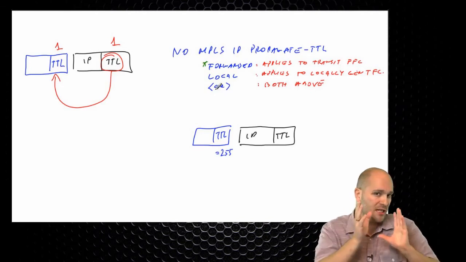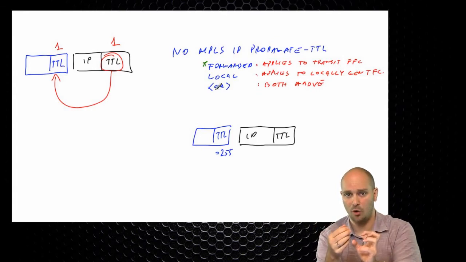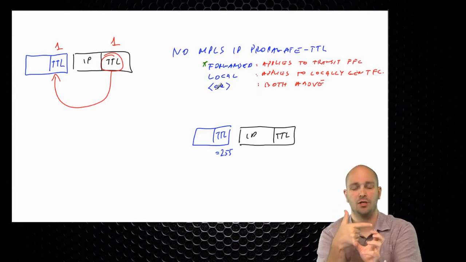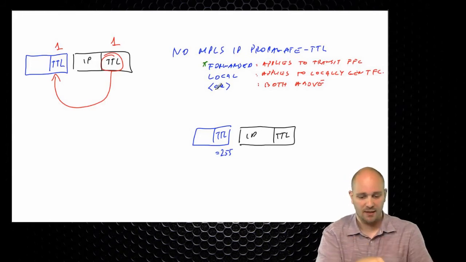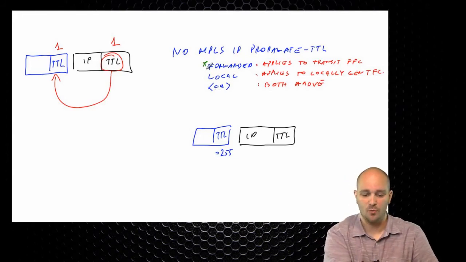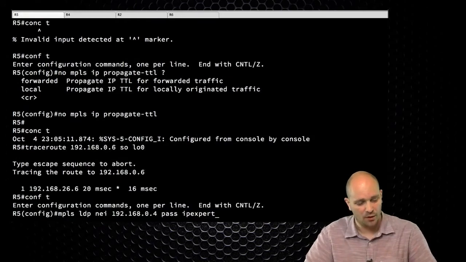Why? Because this would hide the MPLS network from the customers. But you, as the network operator, can still traceroute through the network, because if you are running this from a local device, this will be locally generated traffic, which won't be affected by this. So let's hide the backbone from the customer, but keep it visible for us.